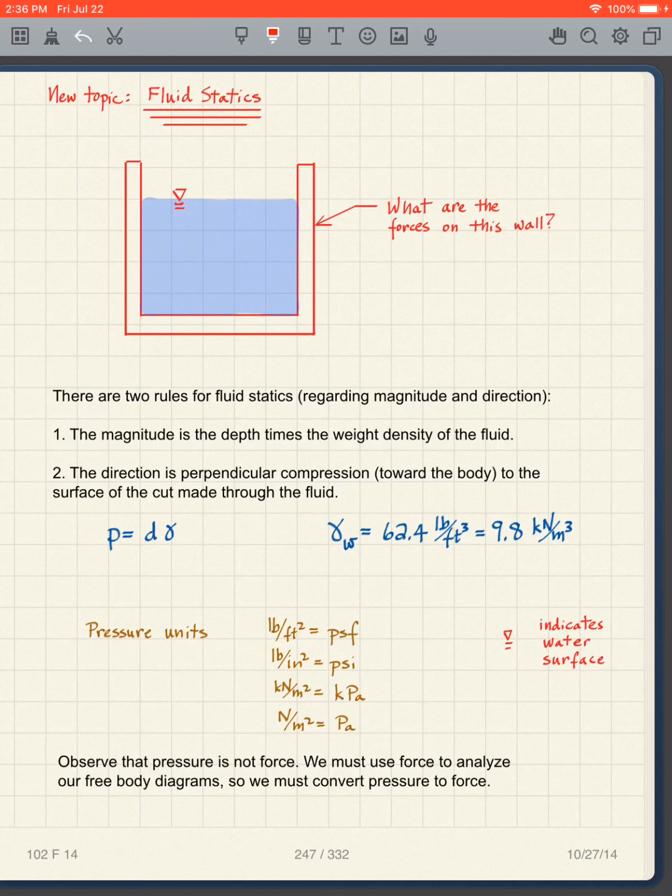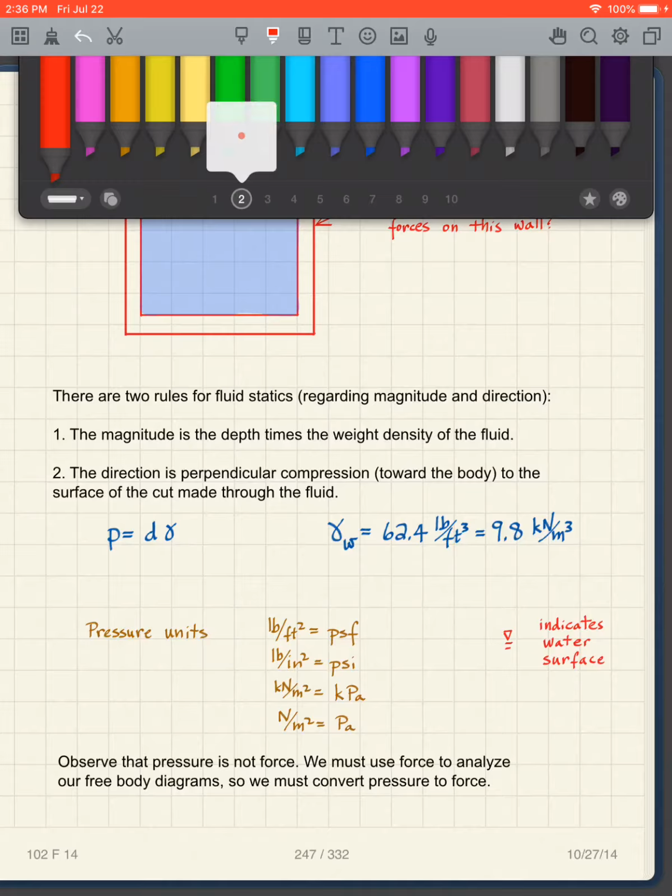So we know that water exerts a pressure, and we want to know what will be the force exerted on this wall. We know it's going to be a horizontal force on this wall, and we want to know what its magnitude is.